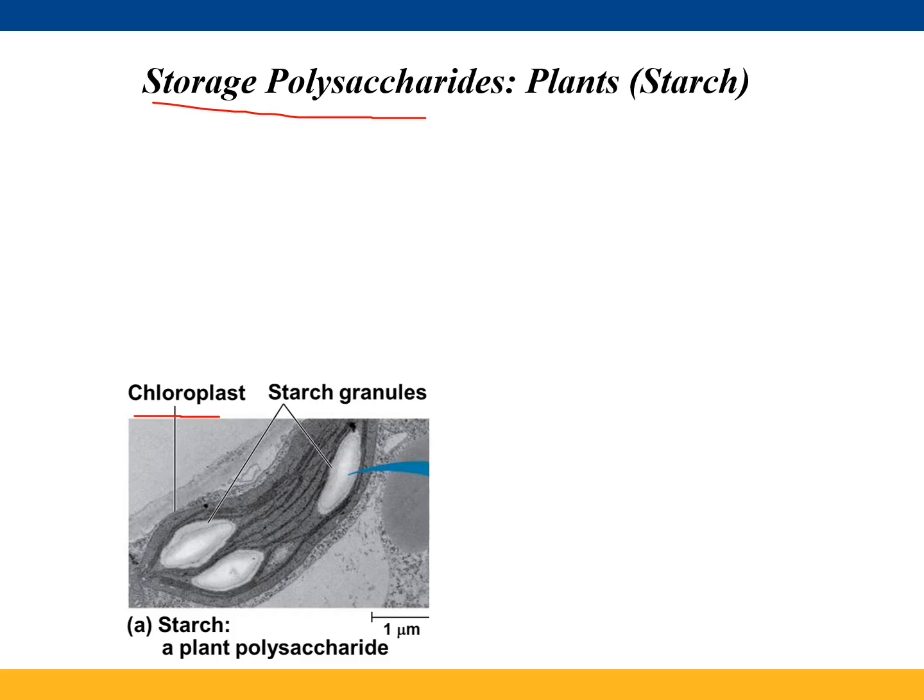So photosynthesis takes place in chloroplasts and other plastids, and they take CO2, light, and water, and turn them into sugar and oxygen. So they need to store all this glucose, and they store it in the form of a carbohydrate called starch.